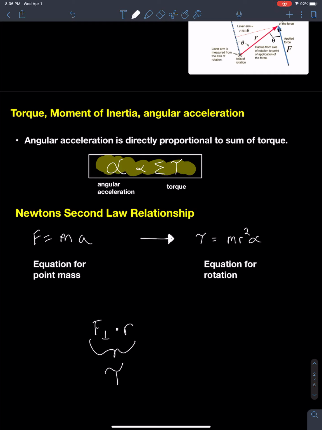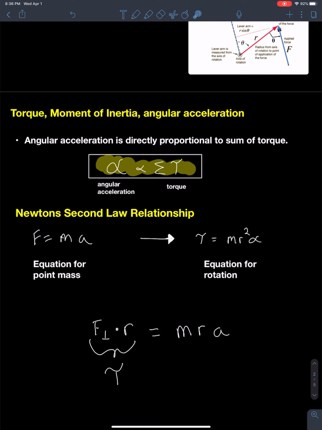Whatever I do on the left-hand side of this equation, I have to do on the right-hand side. So the first step is to multiply both sides of that equation by R, and I'll get m r a. We're not done yet.